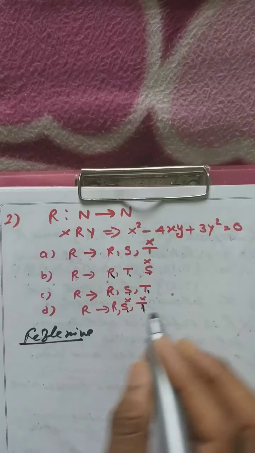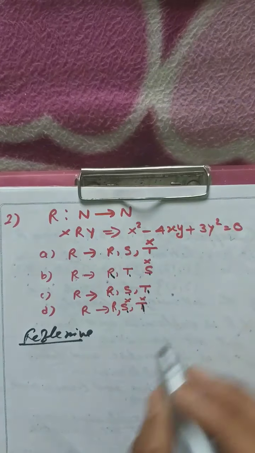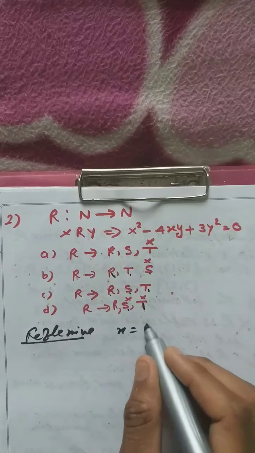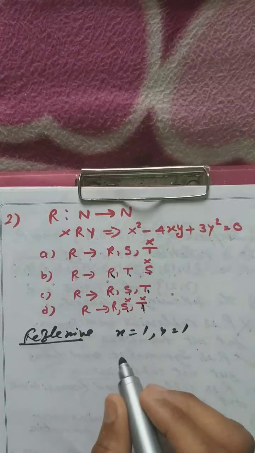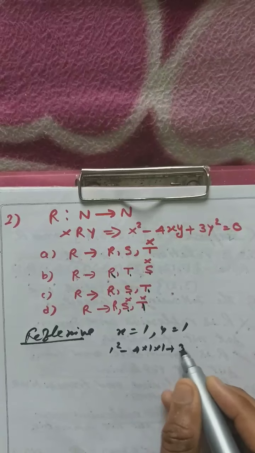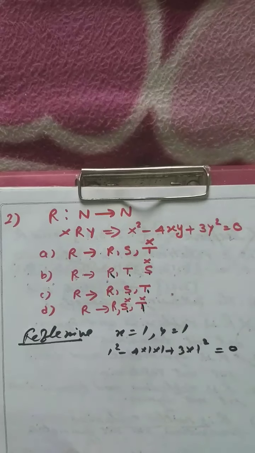Let us suppose x equals 1, y equals 1. We are putting 1 square minus 4 into 1 into 1 plus 3 into 1 square, and you are getting 0.